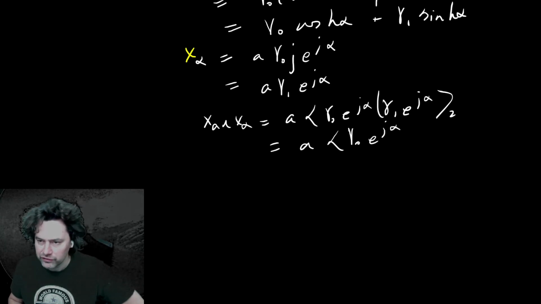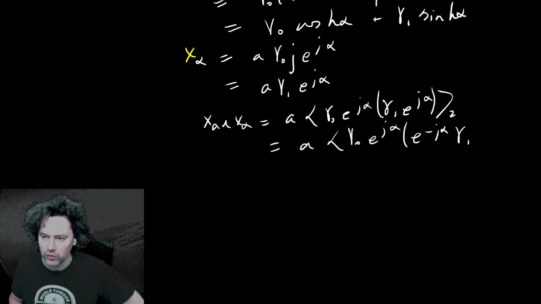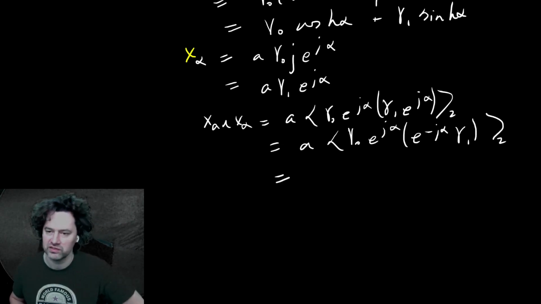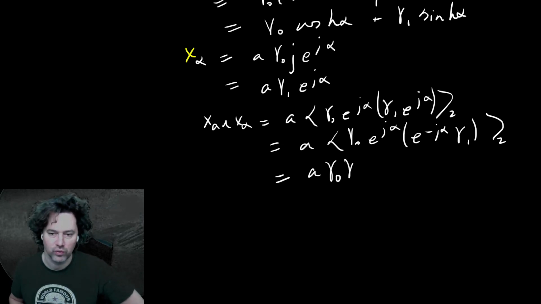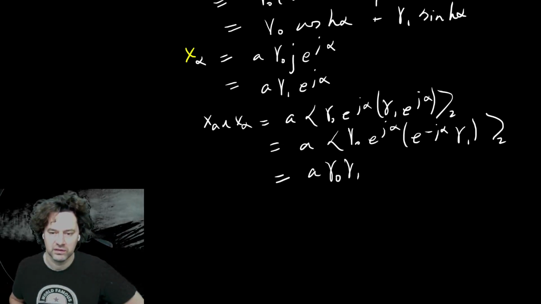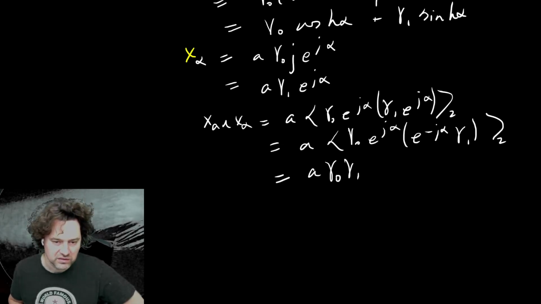I'm going to flip the order here, changing the signs appropriately, and the sign change is e to the minus j alpha gamma 1, just like it was in the circular parameterization, and we're left with a gamma naught gamma 1 that we've seen.